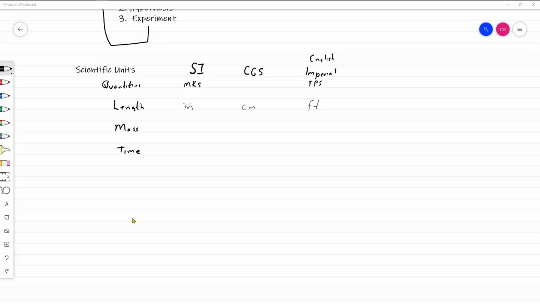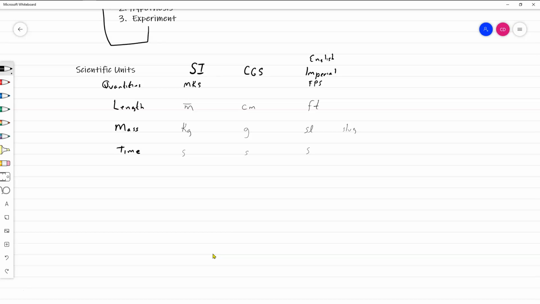The fundamental unit of mass in the SI system is the kilogram. The fundamental unit in CGS is the gram. And in the English system, instincts would tell you it's something else, but it may be something you haven't seen before. The fundamental unit of mass in the English or imperial system is the slug. It's not likely that you've heard that one before. We're not going to use it heavily, but we do need to know it exists. All three of these systems use seconds as their fundamental unit of time.